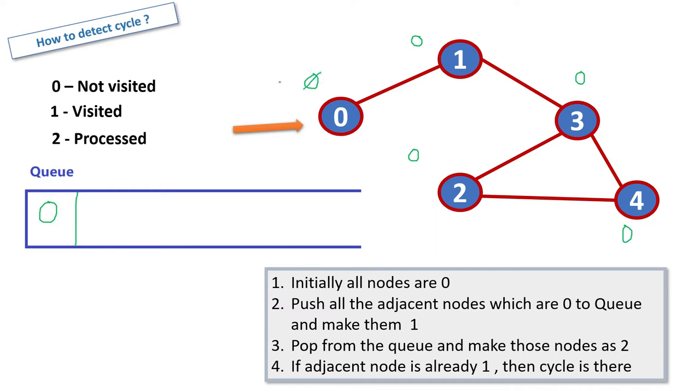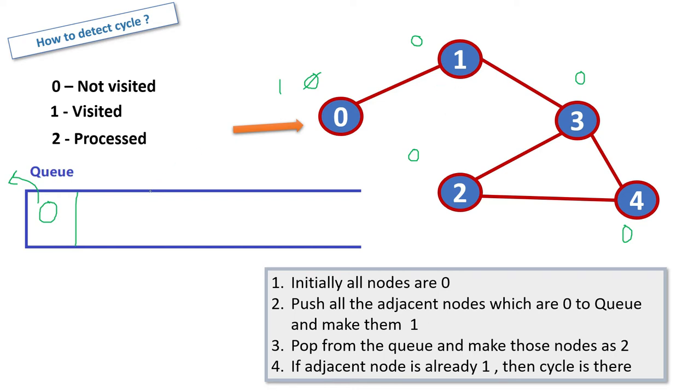So now 0 will become 1. In the next step, we have to dequeue this element, and whenever we dequeue an element, we search for its adjacent nodes. For this 0, only one adjacent node is present, that is 1.